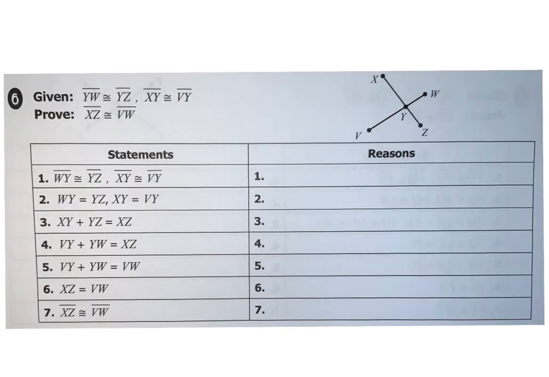All right, so we have something very similar to what you just did. They gave us that WY is congruent to WZ, and they've given us XY is congruent to VY. Looks almost identical.